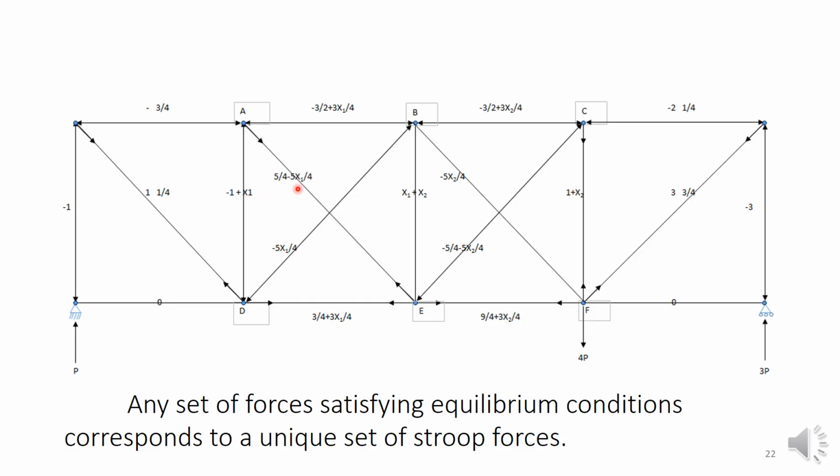The x1 plus x2, the three x1 over 4 plus the other force, and so on. For example, here there are no Stroop forces, so these are just the forces induced by the external forces.